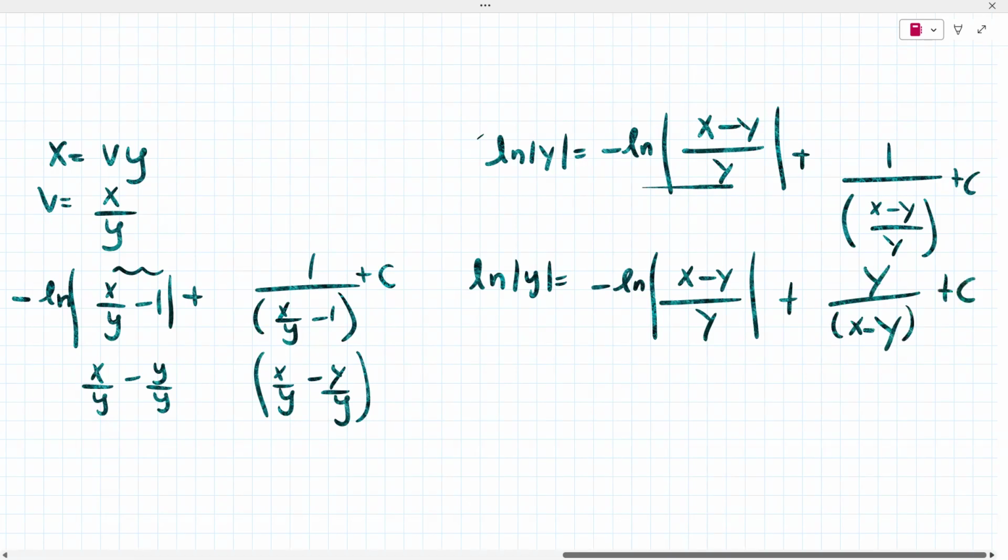Let's see. What can I do next? Yes, right here, you see you have a minus here. What do we do with a number in front of a log or natural log? It's a power, right? So this is going to be ln of absolute value of x minus y over y to the negative 1.